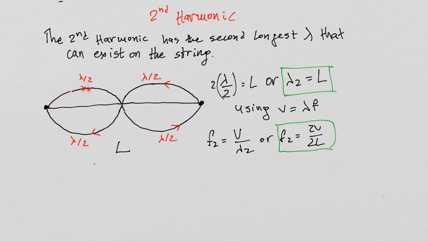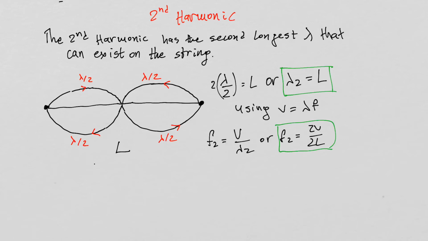So each branch is lambda over 2, or half the wavelength of the wave. So that means that for the entire length of the string L, I have two branches with length lambda over 2 fitting on that length of string. So 2 times lambda over 2 is equal to the length of the string, and from here I conclude that the wavelength of the second harmonic, lambda 2, is just equal to the length of the string.